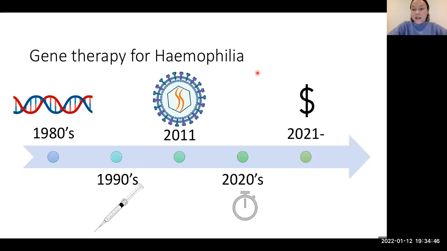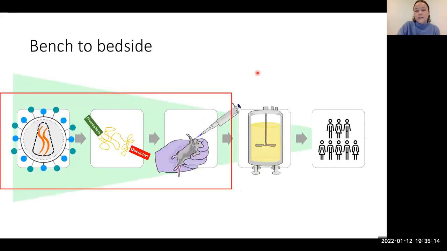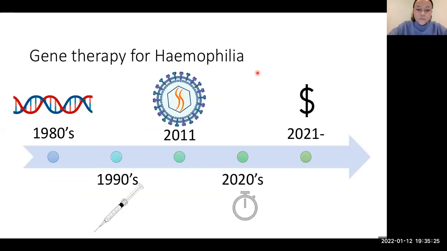And just to say that of late, the investment from pharma companies going into gene therapy for haemophilia is huge. 450 million was the purchase price paid by a pharma company for a gene therapy product for haemophilia A. So now the pharma companies are getting interested, and what happens when they get interested is they get a lot of clever people to iron out the issues that I identified in the previous slide, such as manufacturing. And with the more investment they put into it, the hope is that with time, these hurdles won't be as significant as they are now.